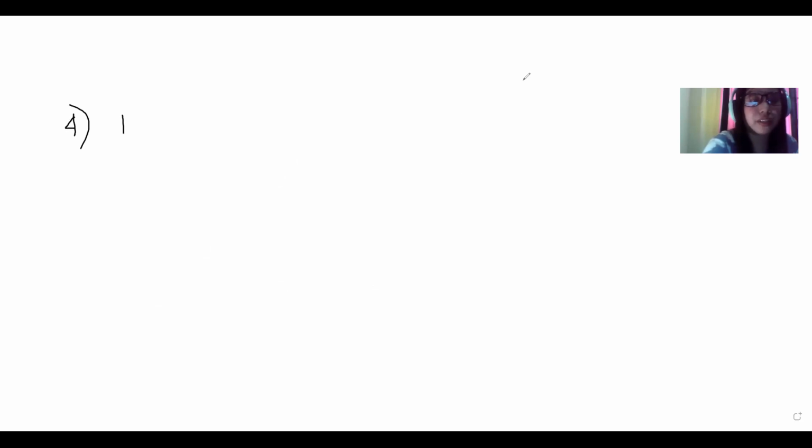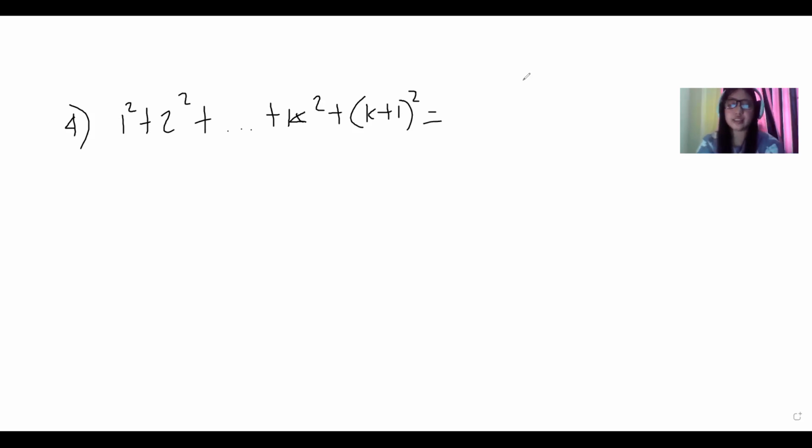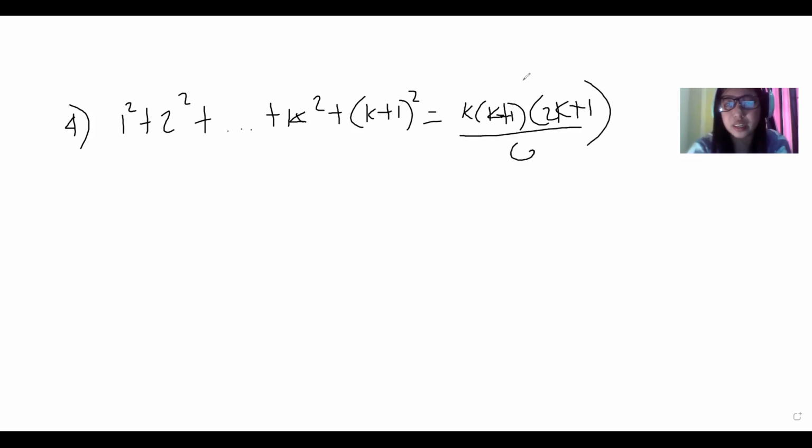We have 1 squared plus 2 squared up to k squared, and we will just add k plus 1 squared on this side. Similarly, that is also what we are going to do on the other side. So we have k times k plus 1 times 2k plus 1 over 6 plus k plus 1 squared.